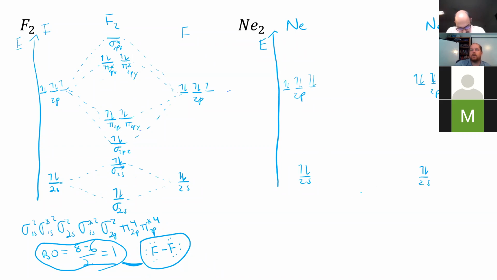When we combine the orbitals, they're going to combine in the same way that fluorine and oxygen did, because every element from oxygen onward has that same ordering of the sigma 2p and pi 2p orbitals.